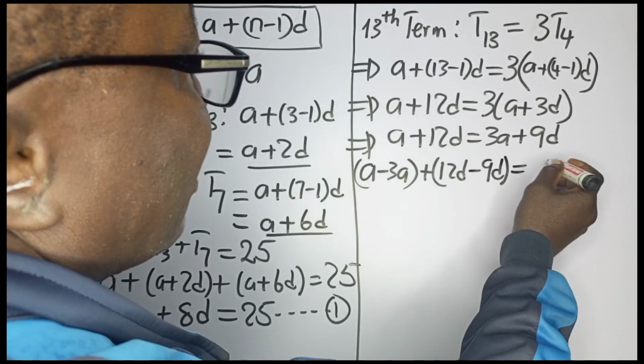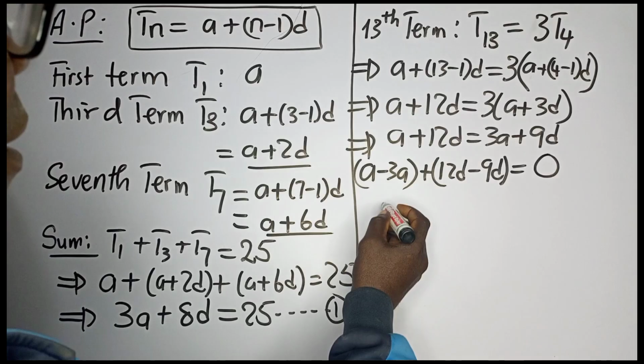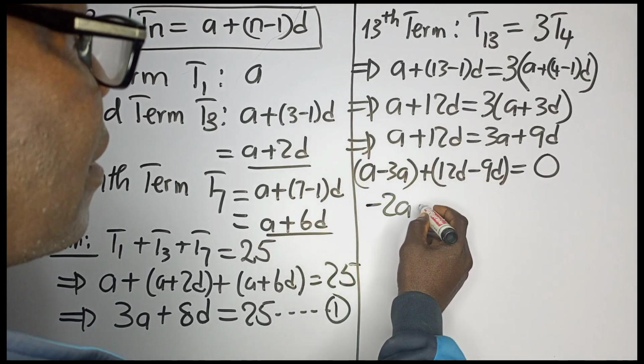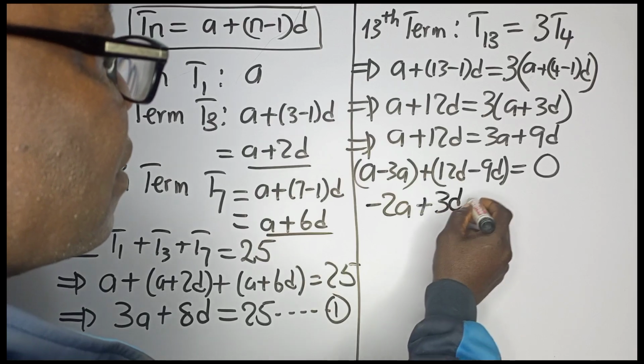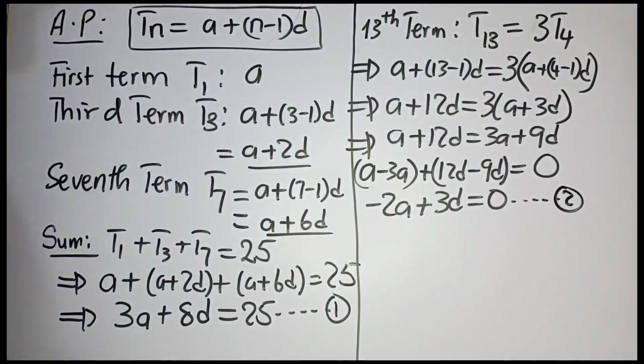Now we have nothing left on the right-hand side, so we have 0. A minus 3A is negative 2A. 12D minus 9D is 3D. So negative 2A plus 3D is equal to 0. This gives us our equation 2. We have this equation and that equation to solve for 2 variables, so it's solvable. We have 2 linear equations to solve for 2 variables.